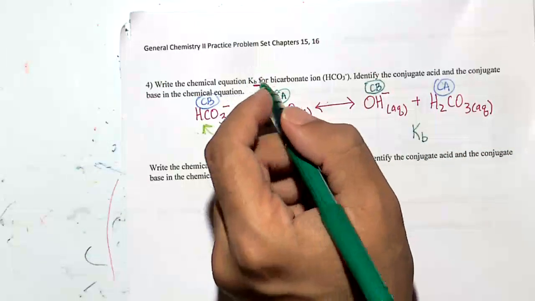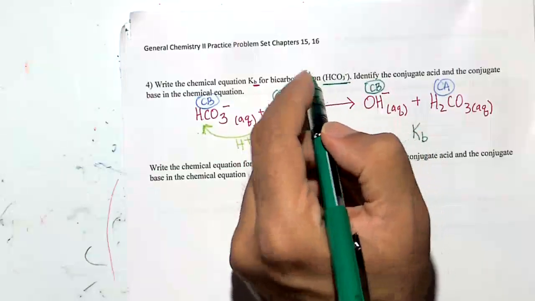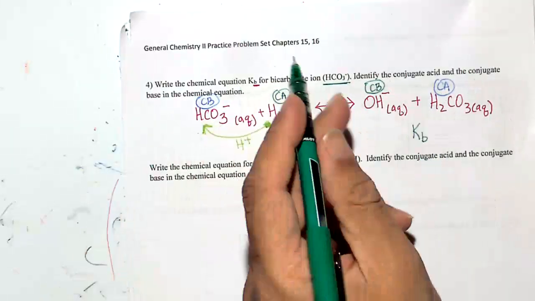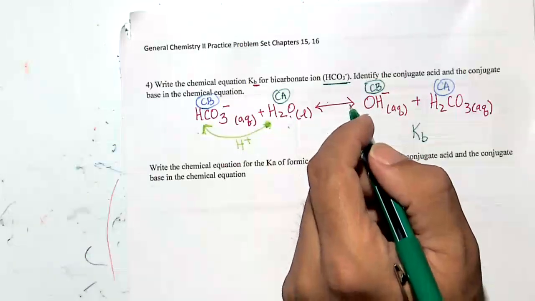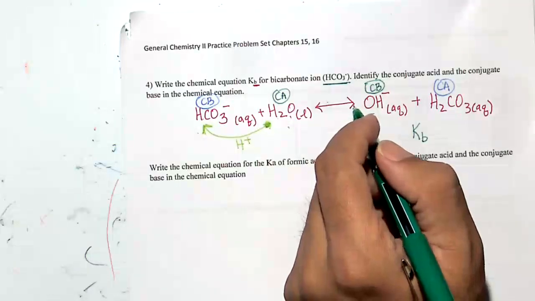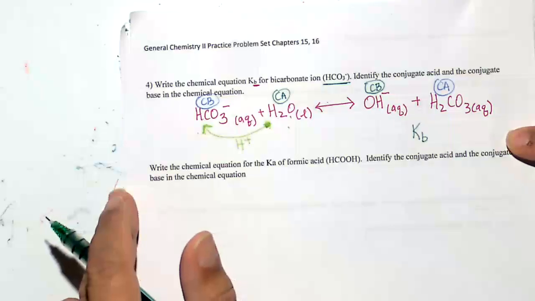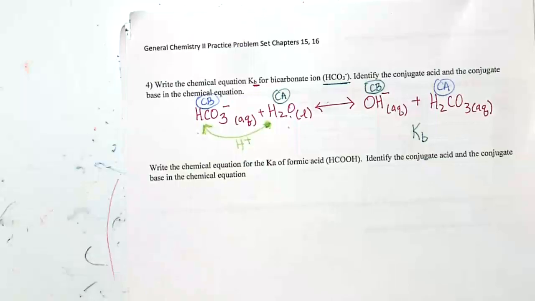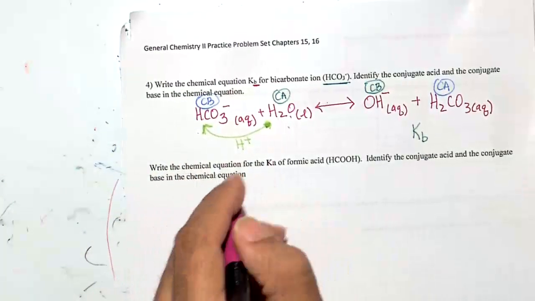So on the exam, whatever Kb I give you, whatever chemical I give you, that's the weak base, it's going to do something like this. You want to make sure the base gives rise to OH minus. All right, let's contrast this with weak acid Ka, formic acid. I want you to compare this with that.